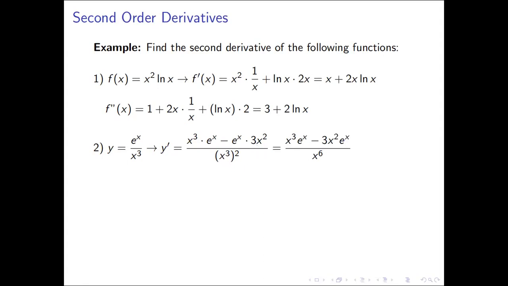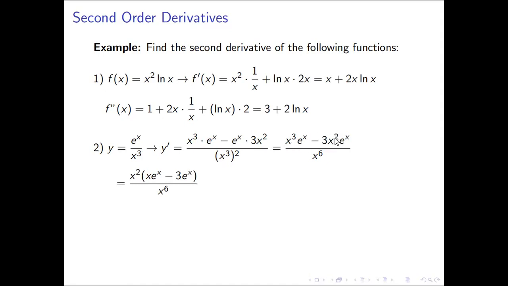Now, to get the second derivative, we need to differentiate this. And again, we need the quotient rule. But it's more tedious since you have to differentiate several products here. Okay, let's go. Bago yon, kailangan muna nating mag-cancel para mas madali.